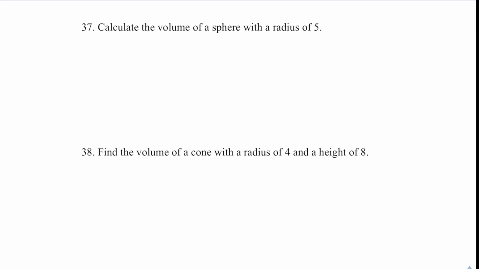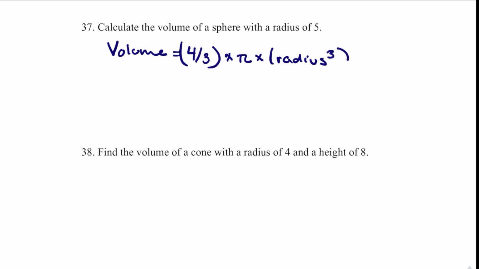(37) Calculate the volume of a sphere with the radius of 5. So the equation for this, volume of a sphere equals 4/3 times pi times the radius cubed. So this is going to equal 4/3 times pi times, our radius is 5, so 5 cubed.